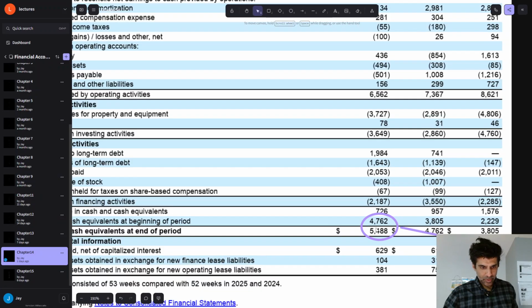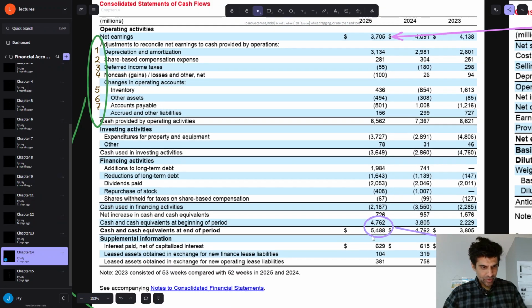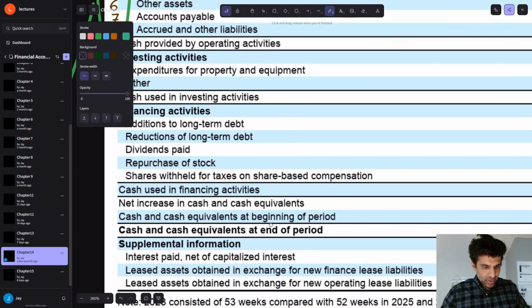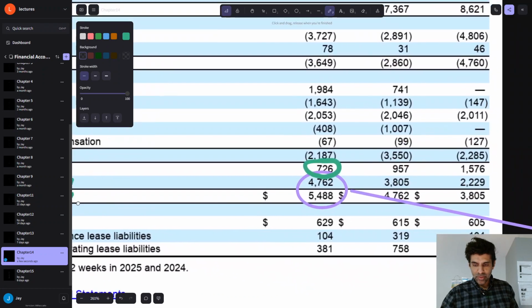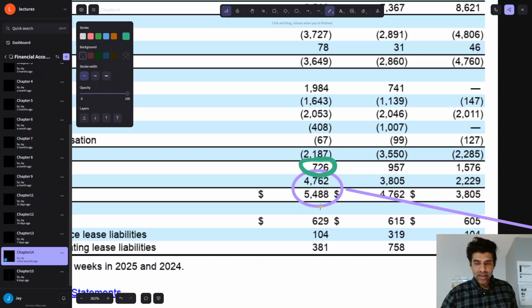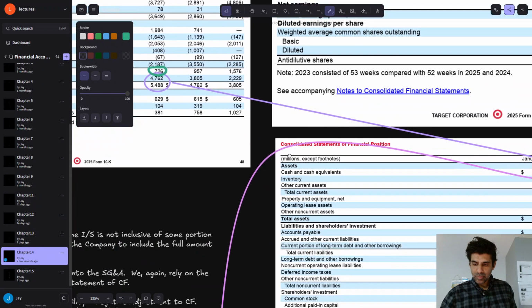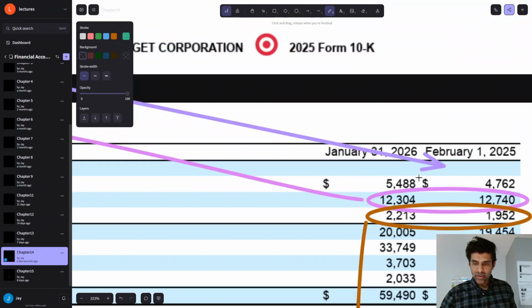So in this line here, this is like the net, and then if you read down here, cash at the beginning of the period, and then you get to the ending. And if we look here, so let's just prove this. 5488 is the ending balance. So if we look on the balance sheet, we can see 5488. Yeah? Okay.